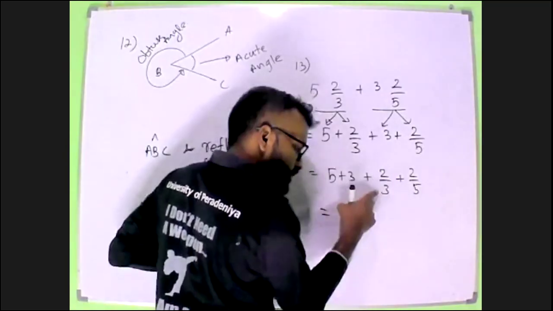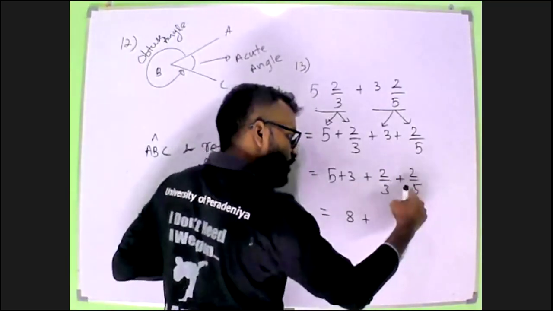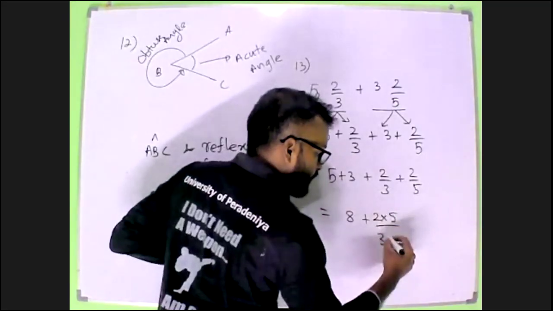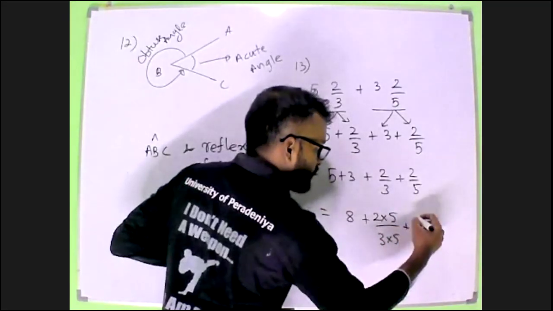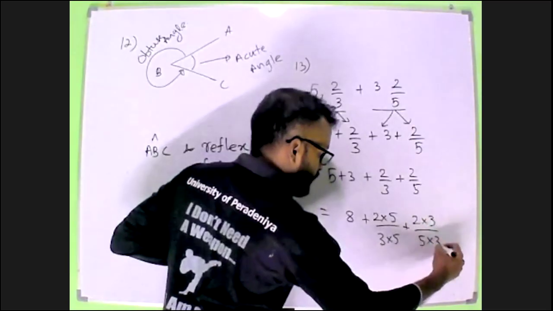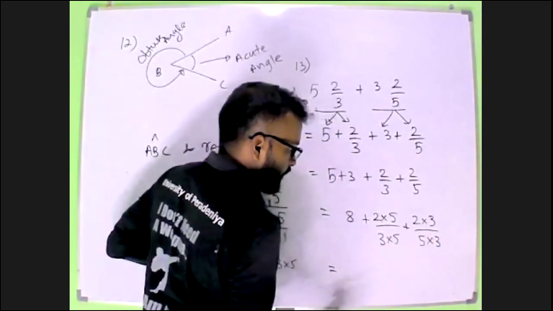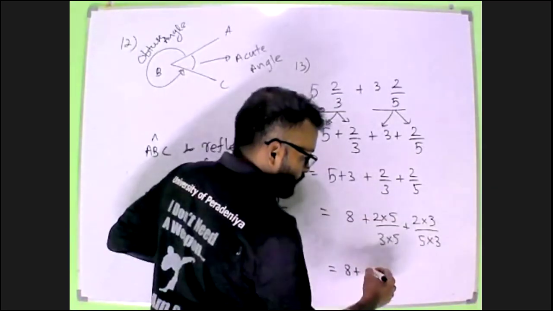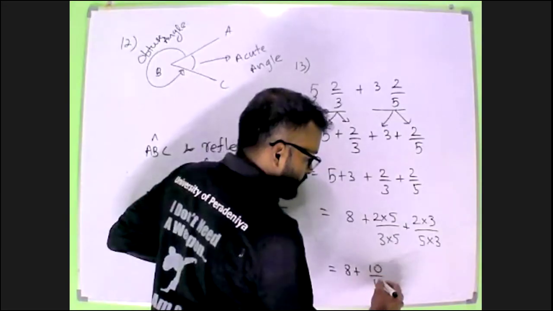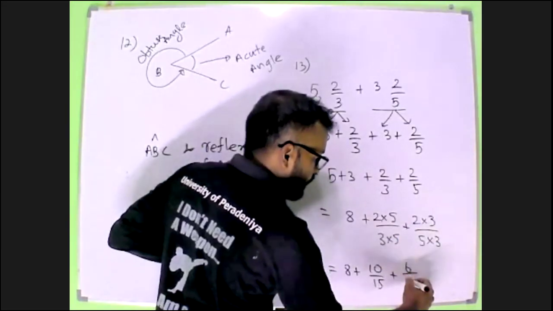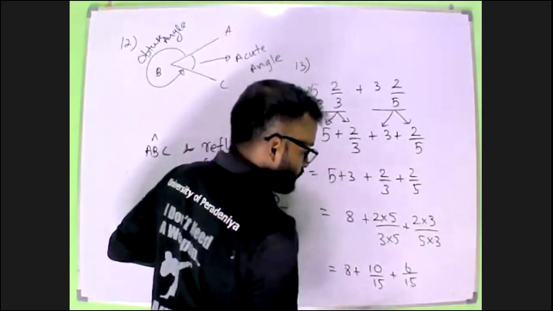So you need to convert this denominator into 15, and this denominator into 15. 2 times 5, 3 times 5 plus 2 times 3, 5 times 3. So this is how we are going to convert. 8 plus 2 times 5, 10. This is 15 plus 2 times 3, 6. And this is 15. Right?